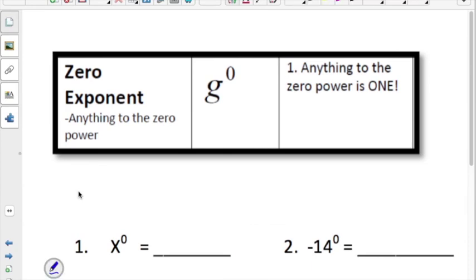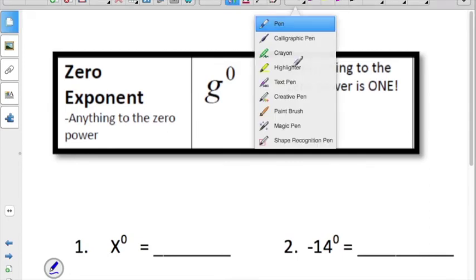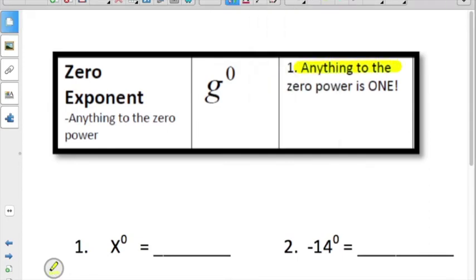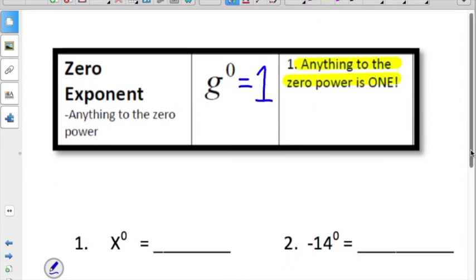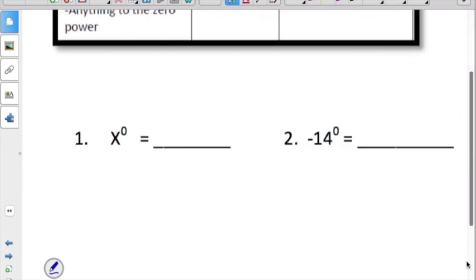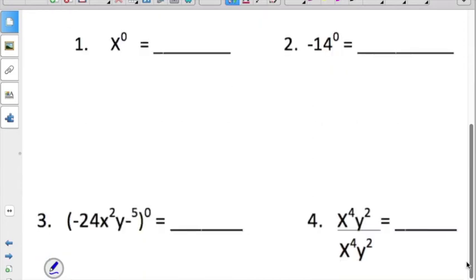Anything to the 0 power is equal to 1. So anytime you get something that's raised to the 0 power, or your exponent becomes a 0, that's going to equal 1. So g to the 0 power equals 1. Number 1, x to the 0 power equals 1.